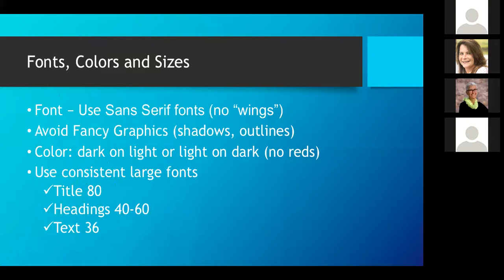We want to make sure that the look is consistent throughout the poster. Some recommended fonts for titles are 80 font. Your headings, like research methods and introduction, etc., are 40 to 60 font. And for your text, 36 font is probably a good text size for the reviewers to read.